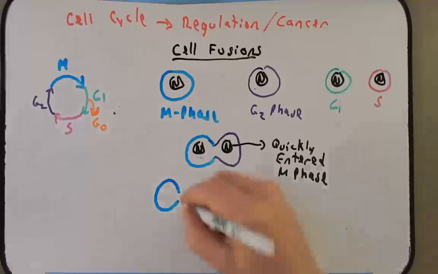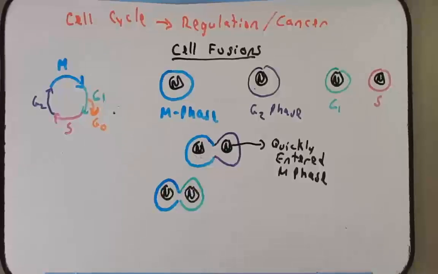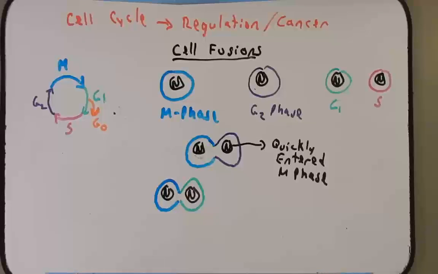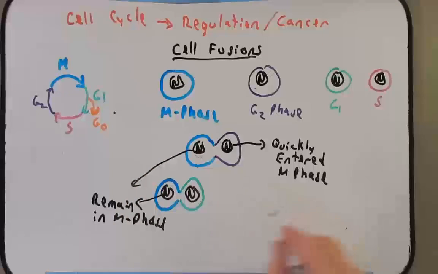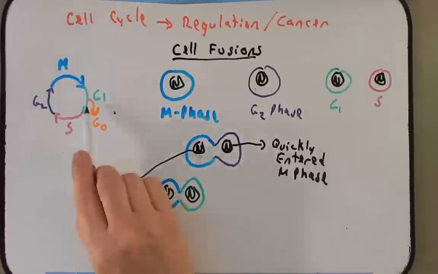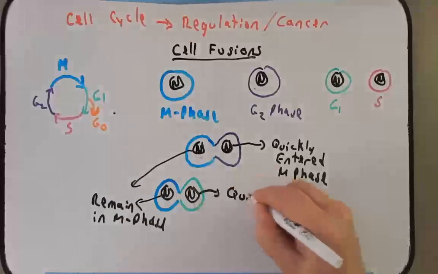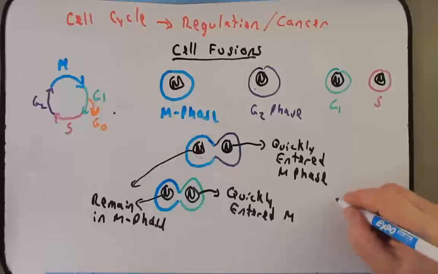The M phase cell fused with the G1 phase cell had no effect on the M phase nucleus, which remained in M phase, just like up here. But the G1 phase nucleus, remember, existing here before it copied, quickly entered M phase, even though it wasn't ready to do so. And finally, we should write it here just to be complete.